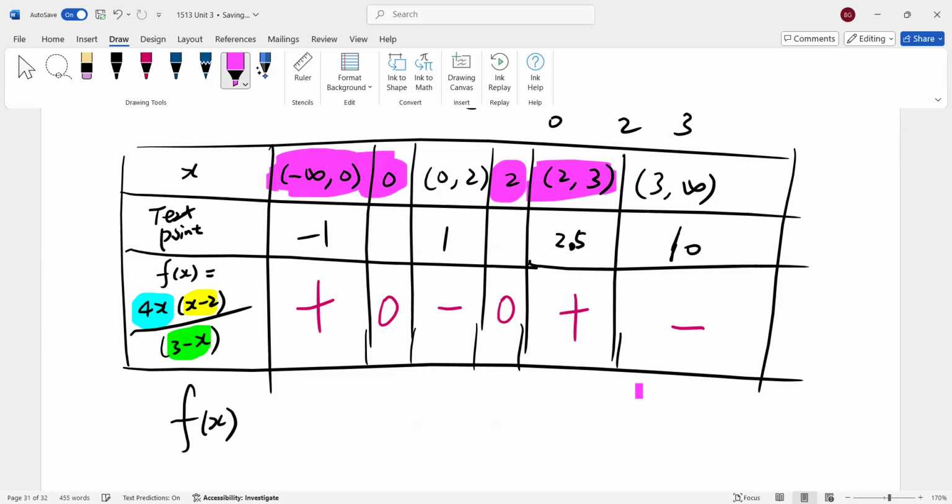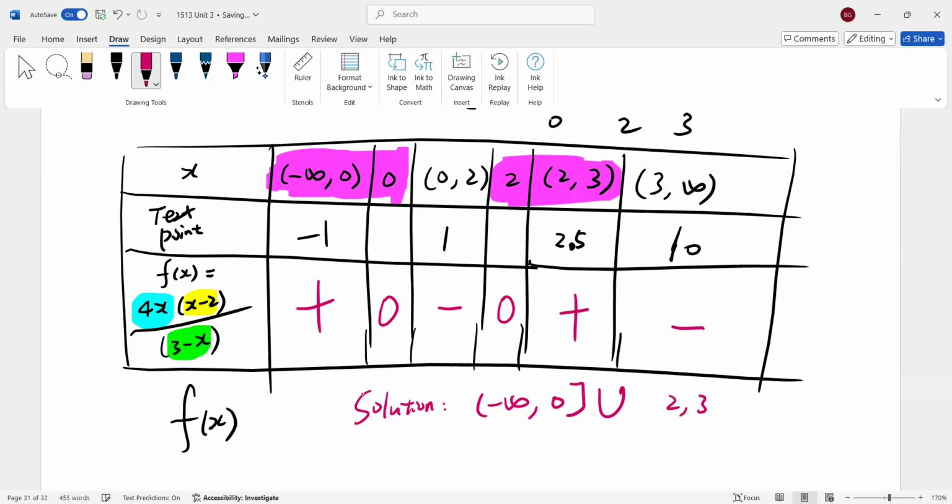Okay, so let's combine the intervals. So the solution is from negative infinity to 0 with 0 included, so closed, union from 2 to 3. Oh my God, I almost read it wrong. From 2 to 3 only, but with 2 included.